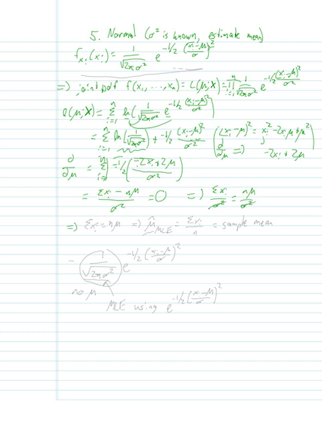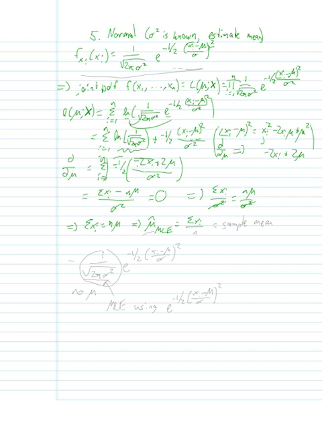Multiply both sides by sigma squared and those cancel out, which gets us the sum of xi equals n mu, or mu hat MLE equals the sum of xi over n.